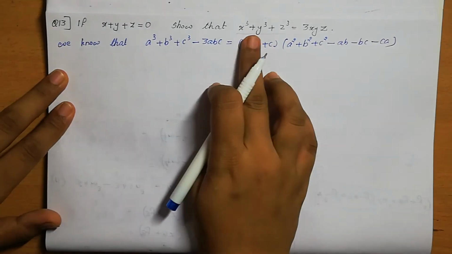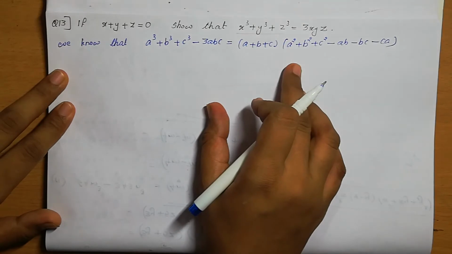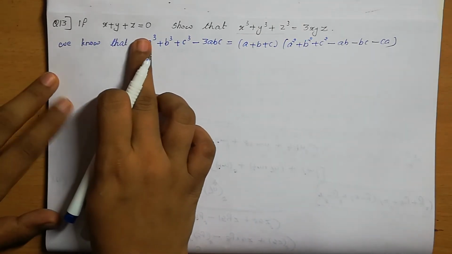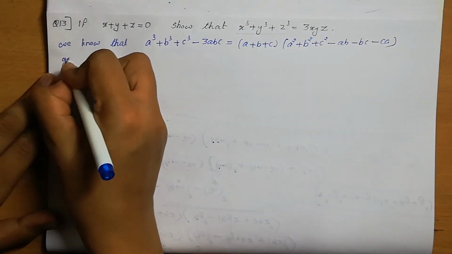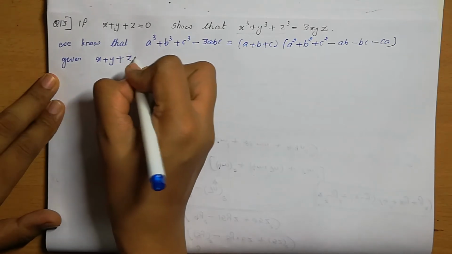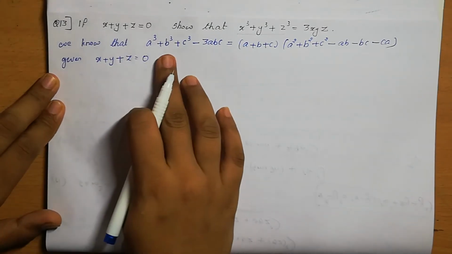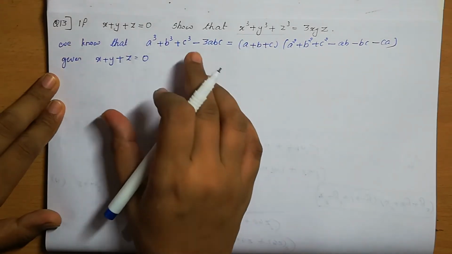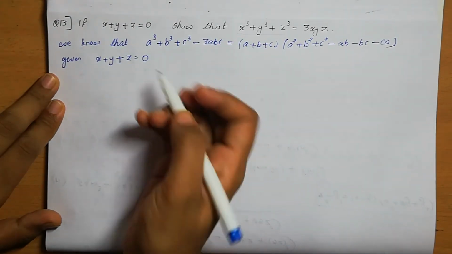So this identity based on the cubes, we already know, right? So here what is given? X plus y plus z is equal to 0 is given, right? Given x plus y plus z equal to 0. The question is in terms of x, y, z, so how can we write this identity?